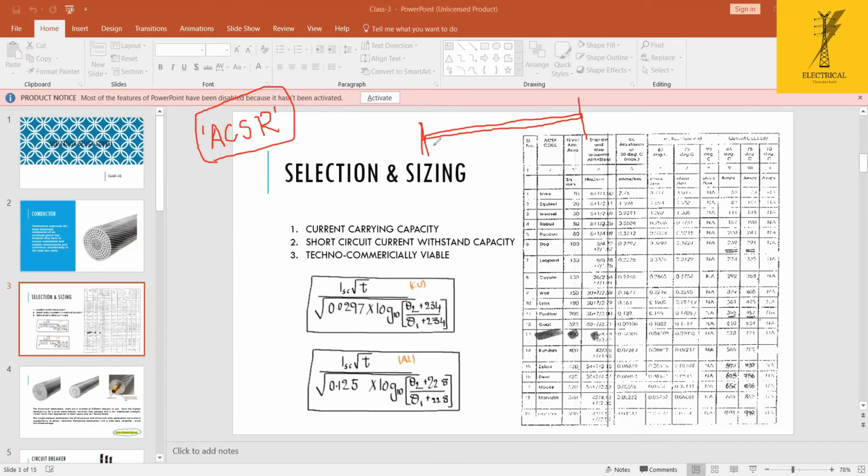But by taking into consideration factors like corrosion, weight, flexibility, the strength of the conductor, and cost, all the transmission line conductors are made of aluminum.